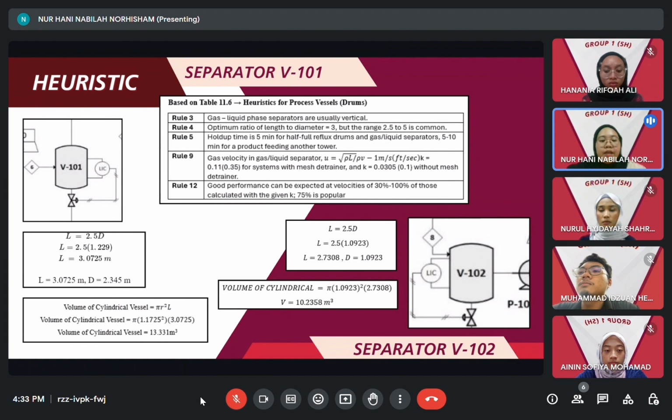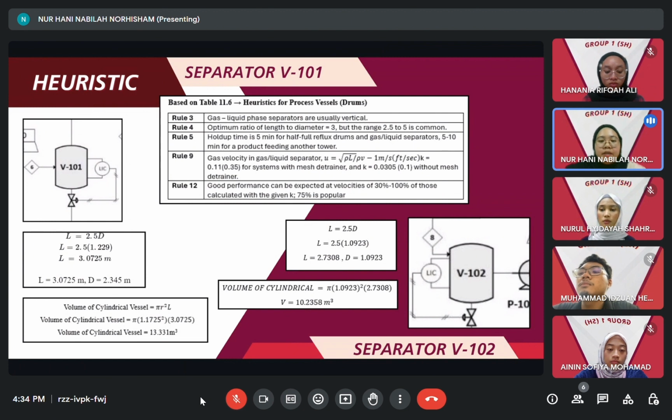From Rule 9, we can obtain the value of the utilization factor from the equation given in the rule, which is K times the square root of density of liquid over density of vapor minus 1, using the value of K without mesh detrainer. Then, by obtaining the utilization factor, we can obtain the actual utilization factor by using Rule 12, applying 75% and multiplying it with the utilization factor.